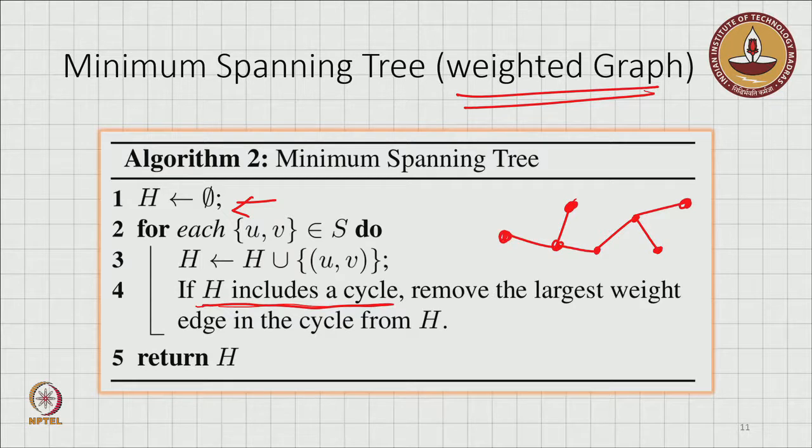The invariant we'll be maintaining is that at the start of each for loop, H will represent a forest, and the forest will actually be weighted. Let's say this is 2, 3, 1, 5, 2, 1, 10, 2, 5. Okay, and let's say these are the weights.